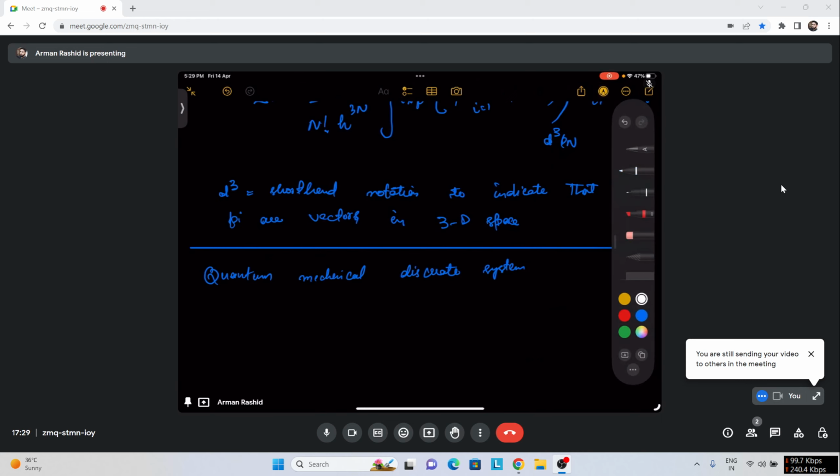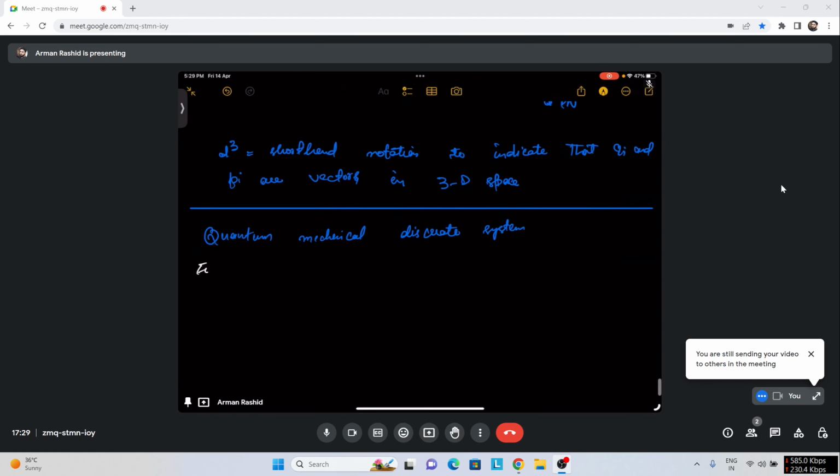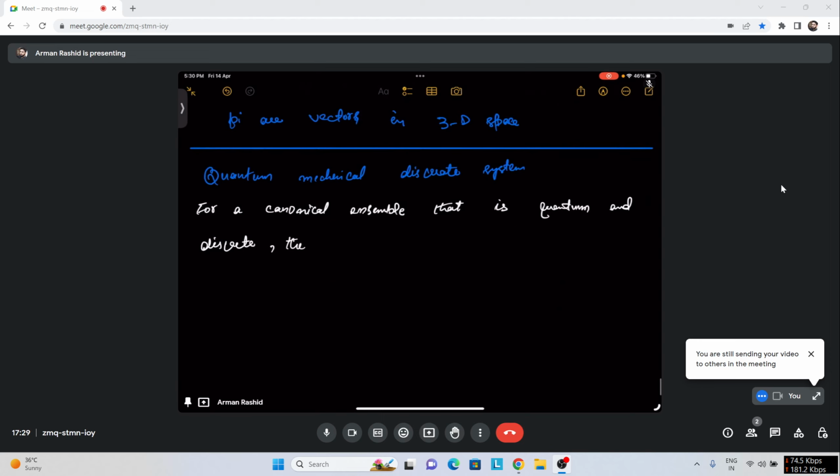So for a quantum mechanical discrete system, if we have a canonical system that is quantum and discrete, the partition function is defined as the trace of the Boltzmann factor.